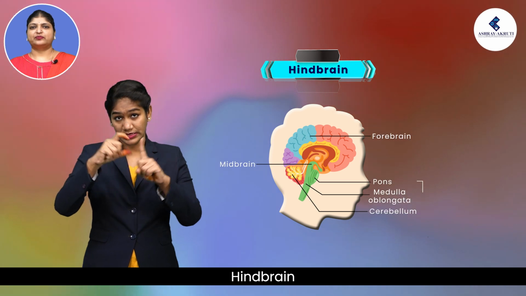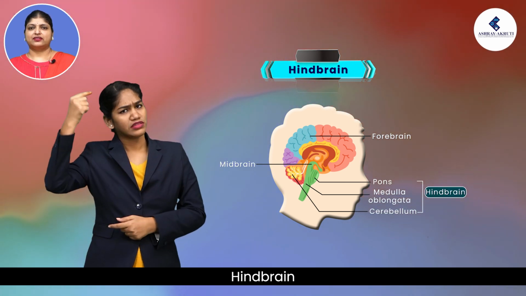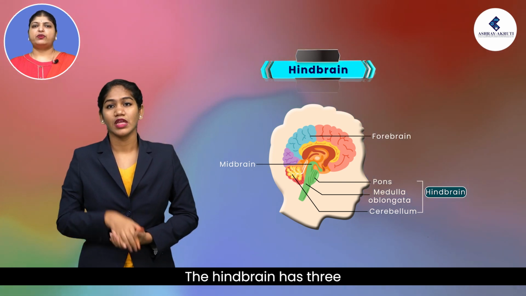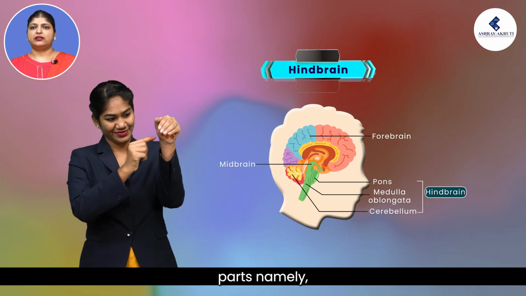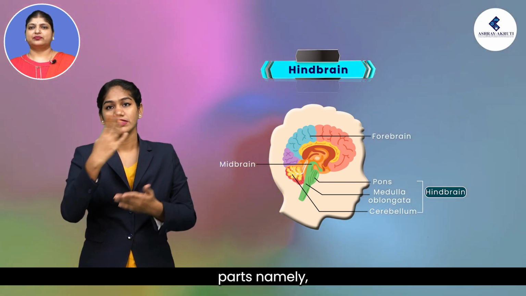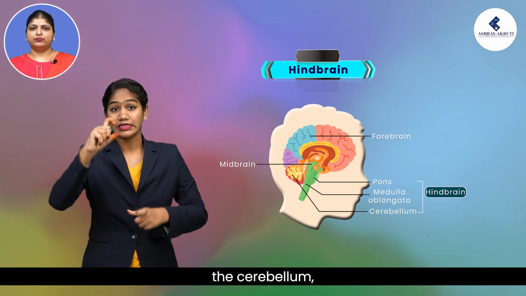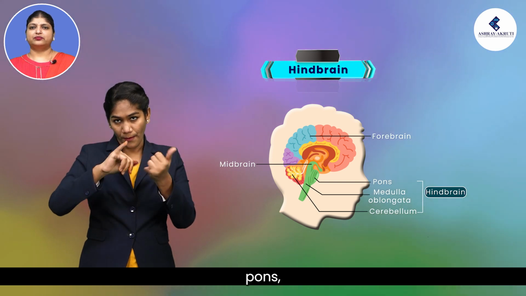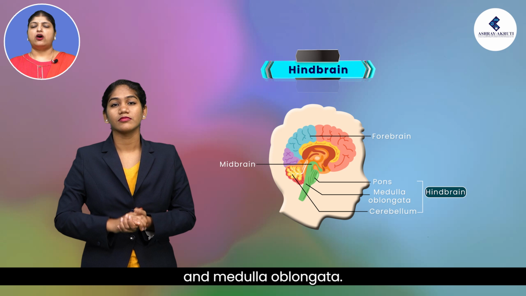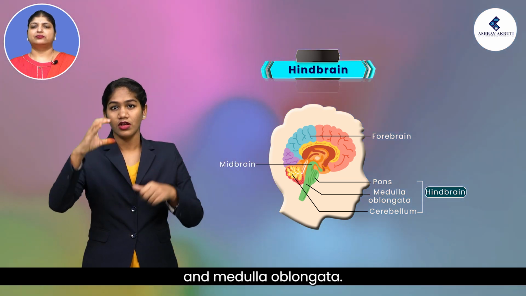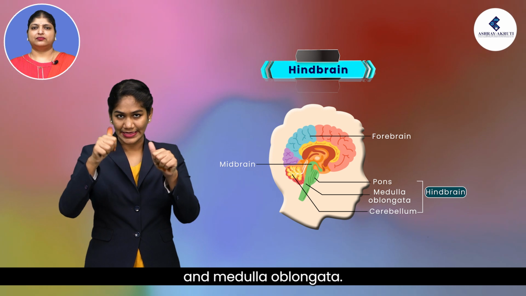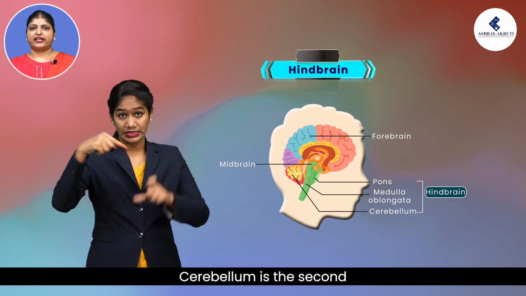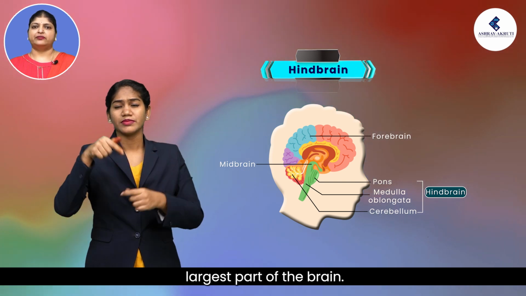Hindbrain. The hindbrain has three parts, namely the cerebellum, pons and medulla oblongata. Cerebellum is the second largest part of the brain.